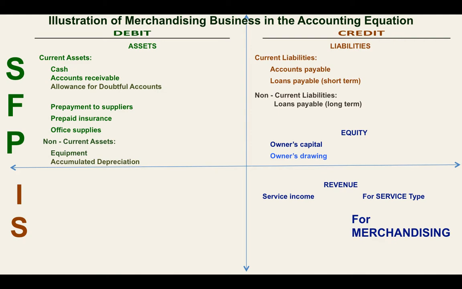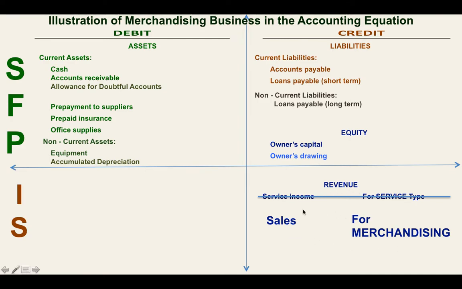And now for merchandising, the revenue is no longer service income, but instead the revenue will be sales, because we are not providing services anymore. We are providing, contracting sales as our transaction.